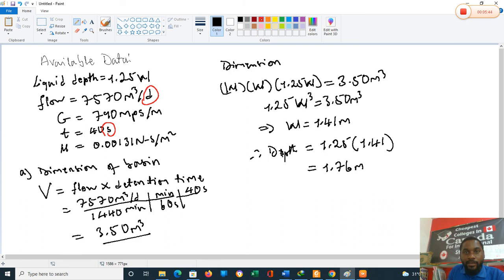So we can conveniently say the square rapid mixing basin looks something like that. So we can say 1.41 meters, 1.41 meters, and here we have 1.76 meters.